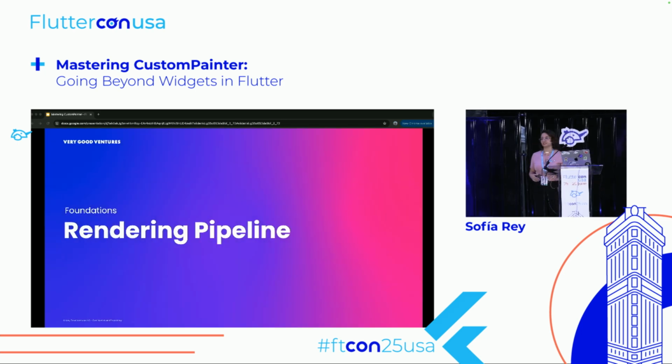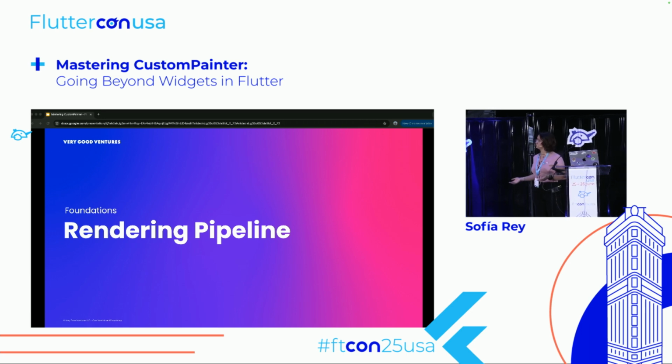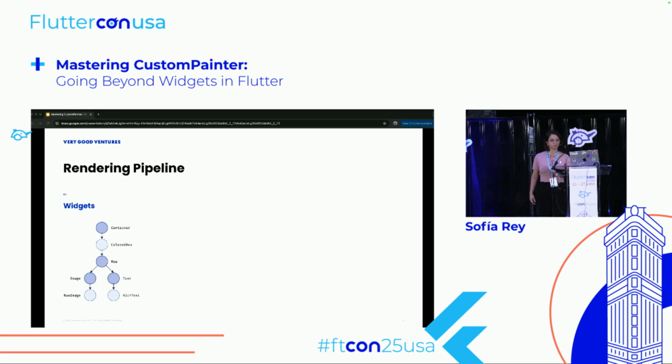Let's understand the power behind CustomPainter, and for that I like to dive into the Flutter rendering pipeline. You've probably seen this before, but Flutter works with three different trees. The first one being the widget tree, which is the one we as developers work with. Widgets are basically classes that are immutable, and they are very lightweight, so we are always building them and rebuilding them.